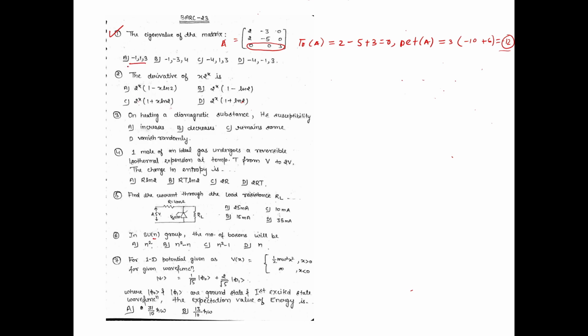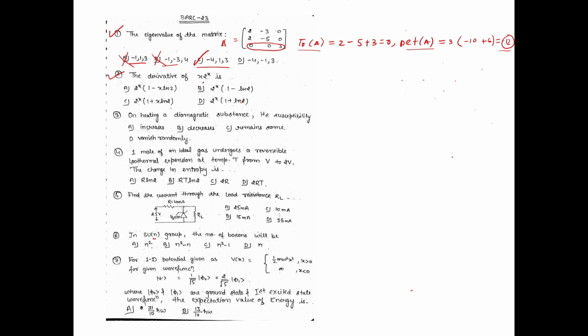If we choose this option, minus 1 and 3 does not give me minus 12, but option C gives minus 12 here. Minus 4 and 3 is minus 12, and if we multiply them, that is the determinant. If we add them, it gives 0, so it satisfies these two expressions. So that's why option C will be the correct one.